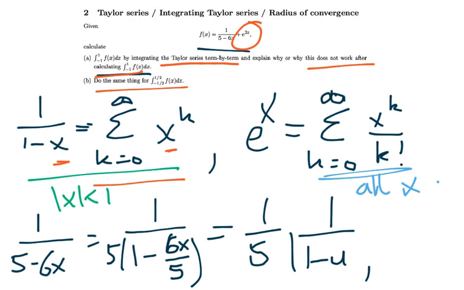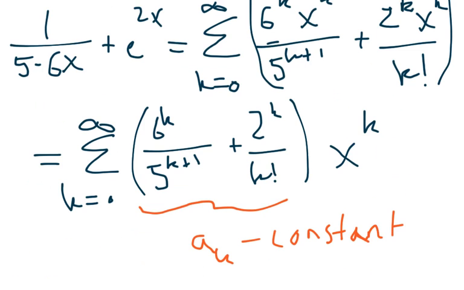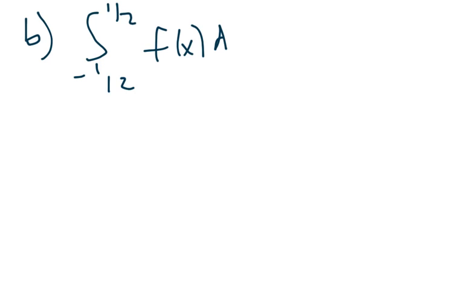So now let's look at this function. Now we're within the radius of convergence, so we should be able to integrate this term by term. So let's say b, we have the integral from minus 1/2 to 1/2 of f of x dx.